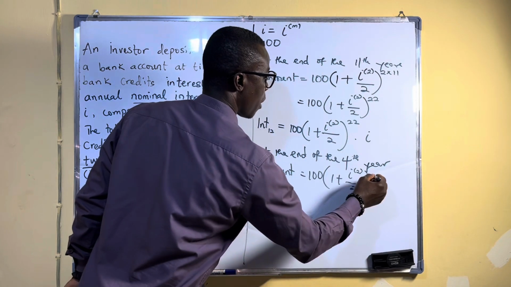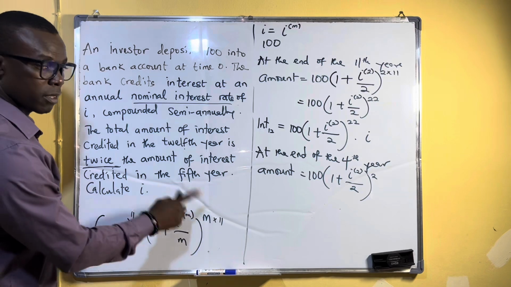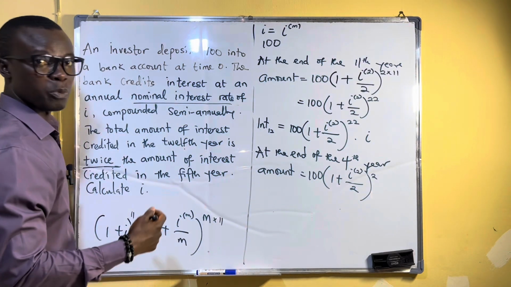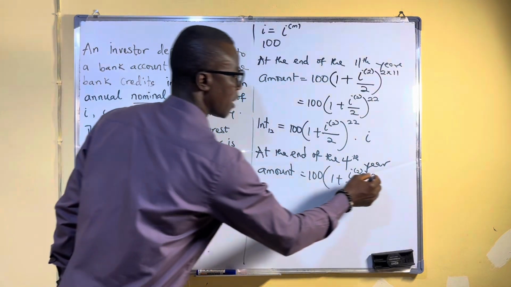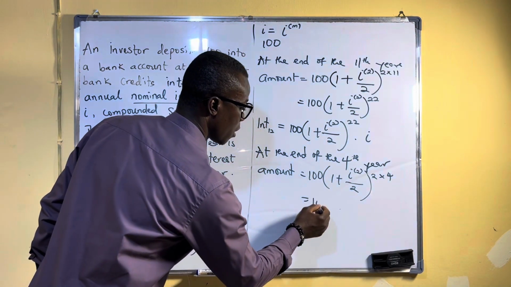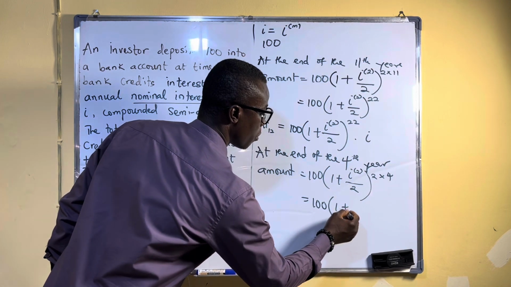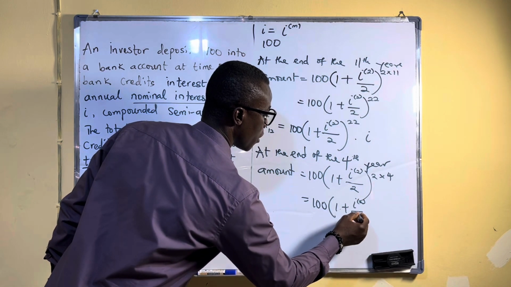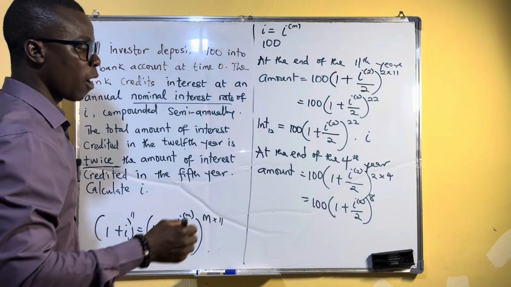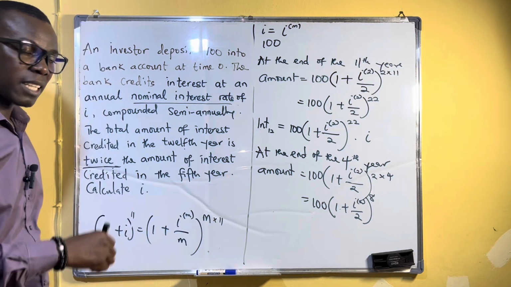Remember, usually semi-annually is 2, but we are looking at it up to the 4th year, so that will be times 4. So this gives me 100 into (1 plus i^(2)/2), and the power will give me 8. Now, what will be the interest credited in the 5th year?